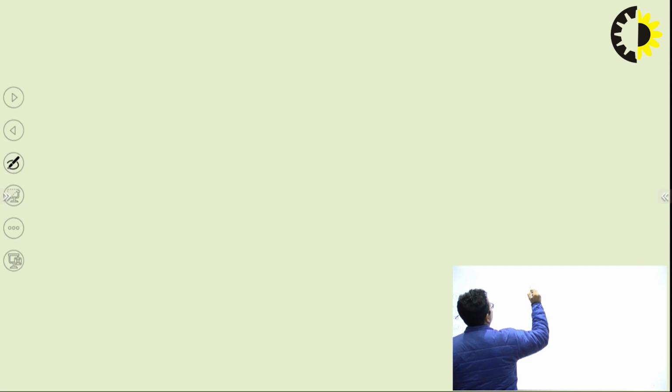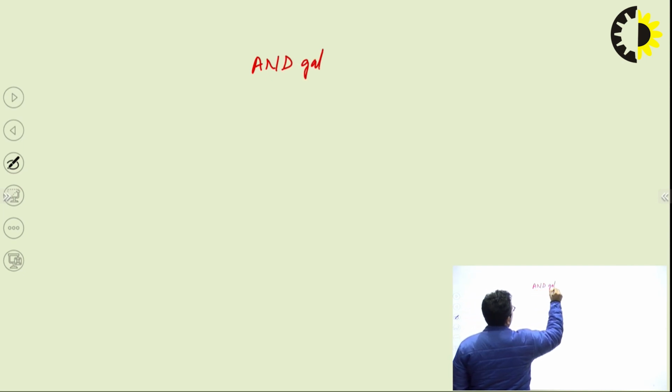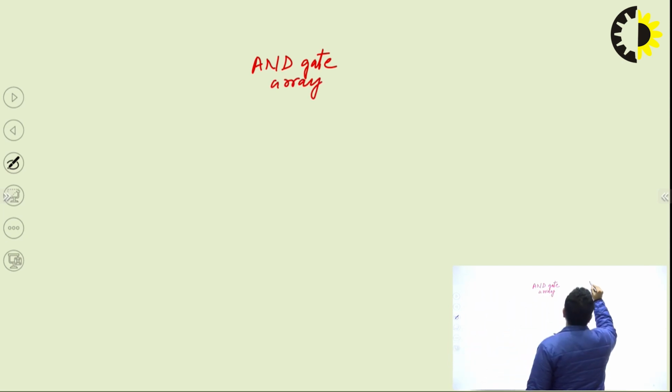We have two gates that we are going to use. We have the AND gate array, and we have the OR gate array.